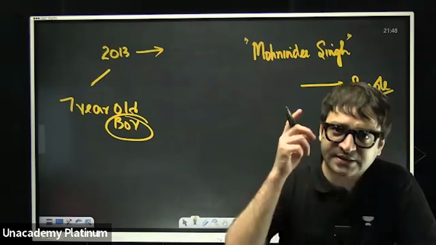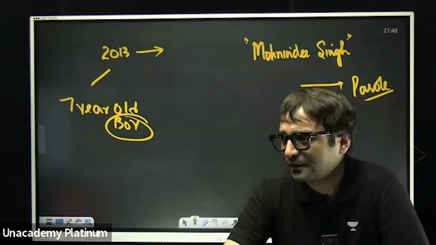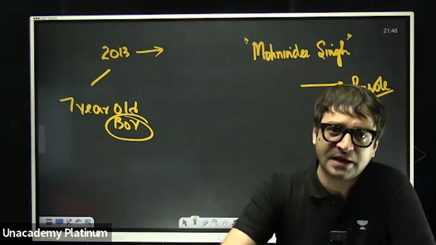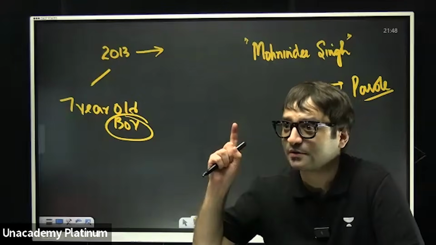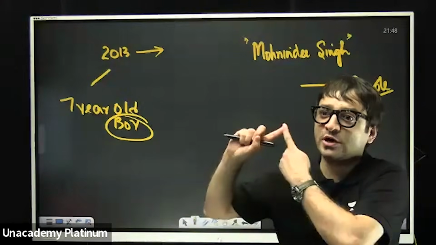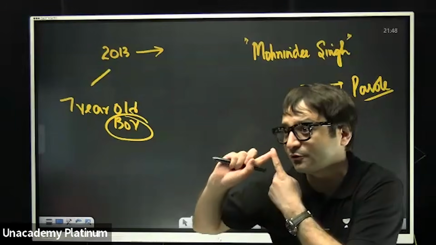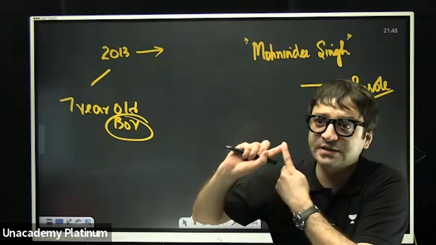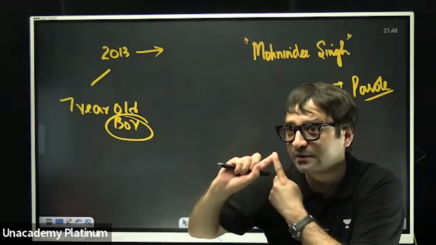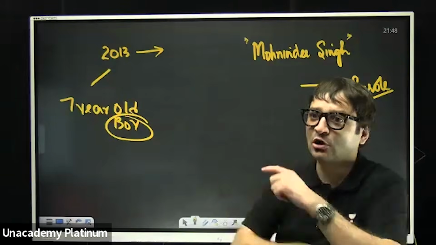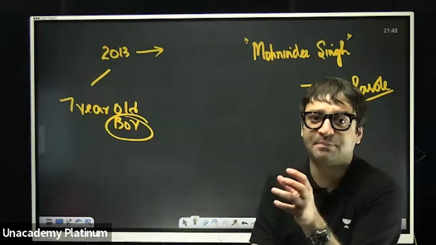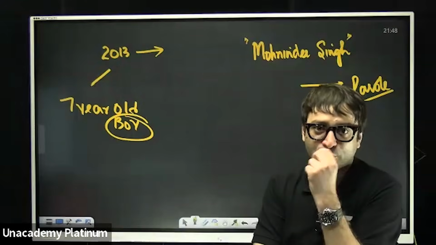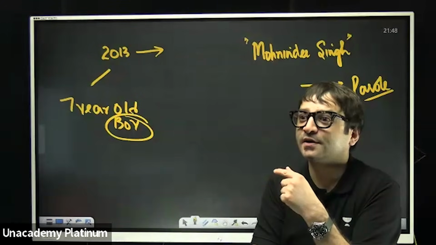The accused was given death sentence by the High Court. On an appeal, this matter reached the Supreme Court. The same judges who said Maninder Singh is not a threat to the society, he may be a threat to family, so for Maninder Singh no death sentence, life imprisonment. Same judges are hearing the case of the 7-year-old boy who has been kidnapped and then killed. Supreme Court said this is rarest of the rare case.